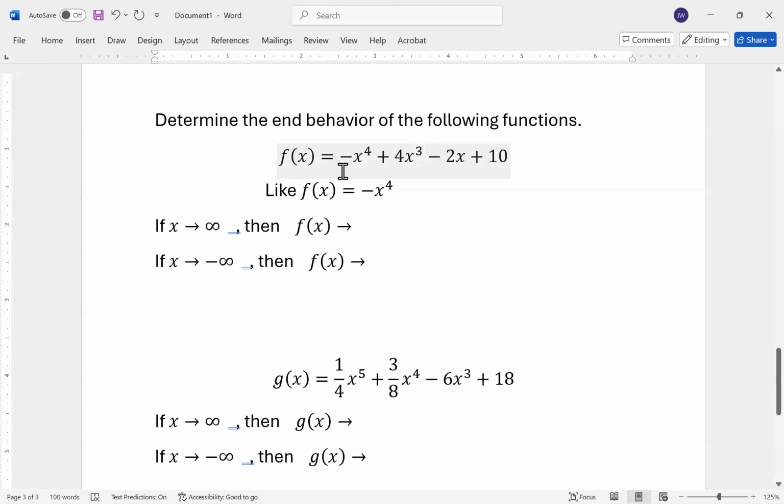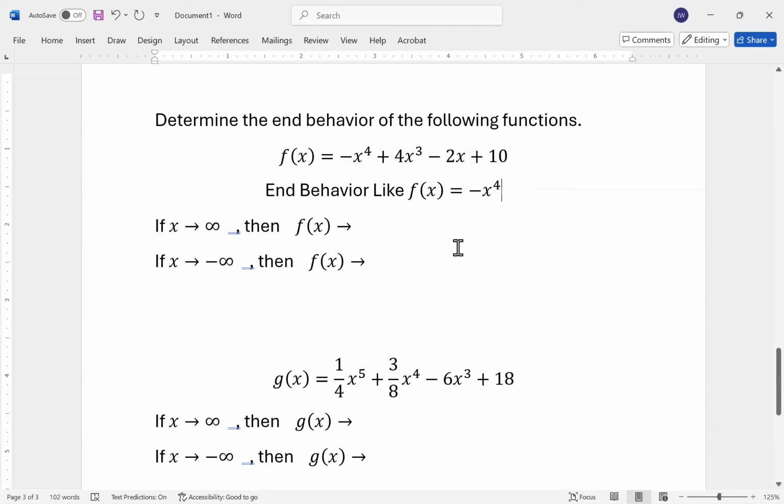Again, this one was nice because it had descending order. We started with the term of highest degree, and then we went down from there. So the end behavior is like f of x equals negative x to the fourth.